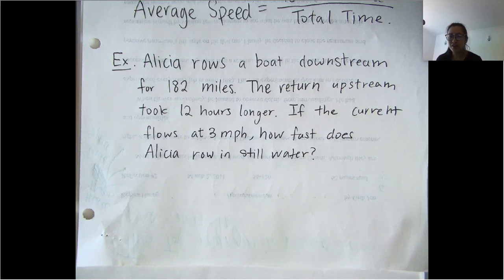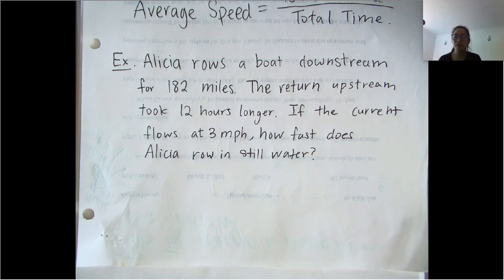So in general, when you're doing these types of river problems, when someone is going upstream, they're going to go slower because the rate of the current is going against them. So it would be their rowing rate minus whatever rate the current is pushing them at.